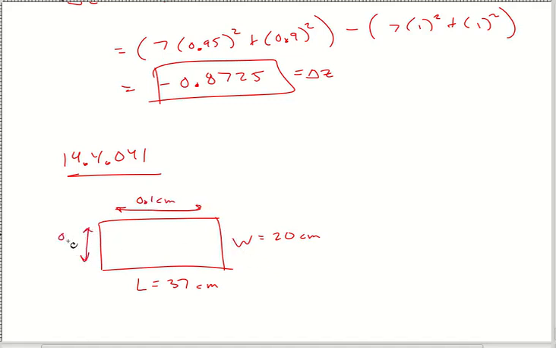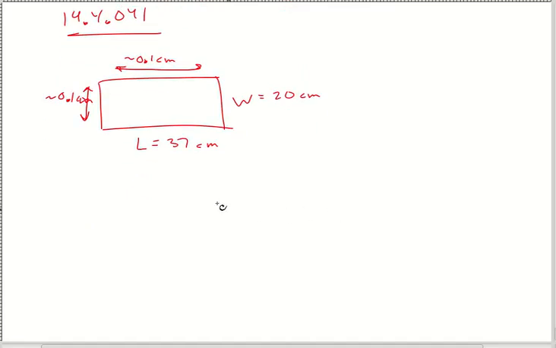So on the size of it, it could be plus or minus 0.1 centimeters. And then it says find the maximum error for area. The max error for the area.